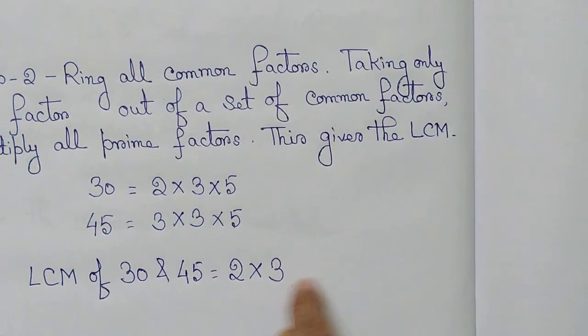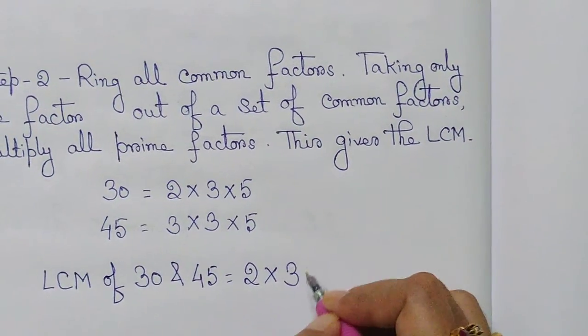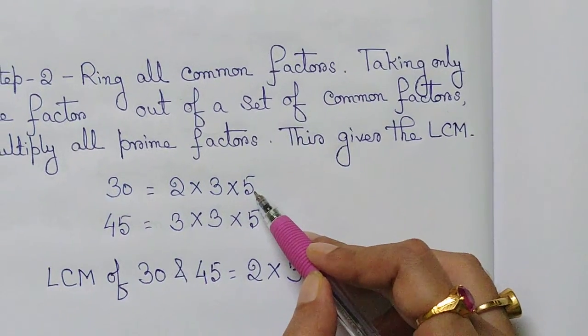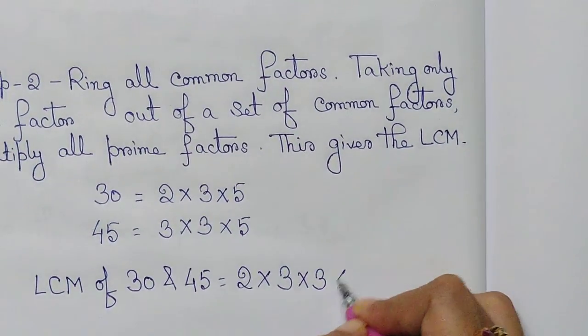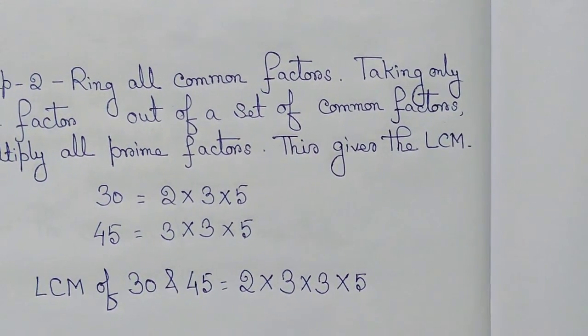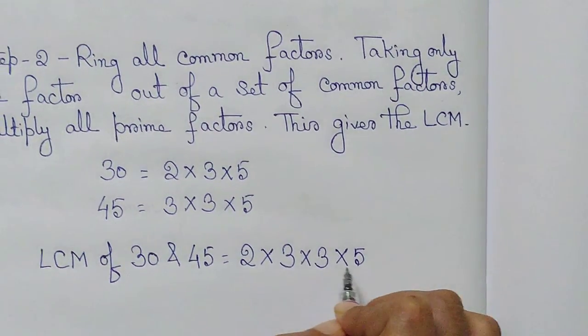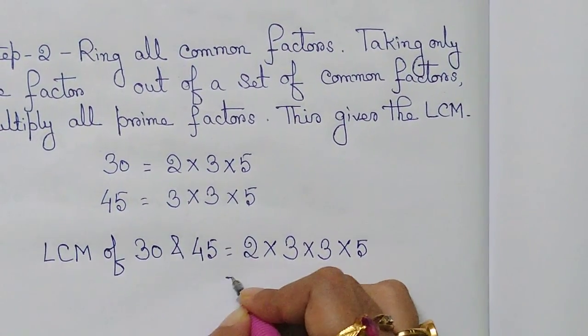So I will be writing 3 twice because it has been repeated twice. 5 over here is written one time and over here also it's 1. So only one time I will be writing 5 because it's not repeated. So 2 into 3 into 3 into 5. After multiplying it, the result will be my LCM.